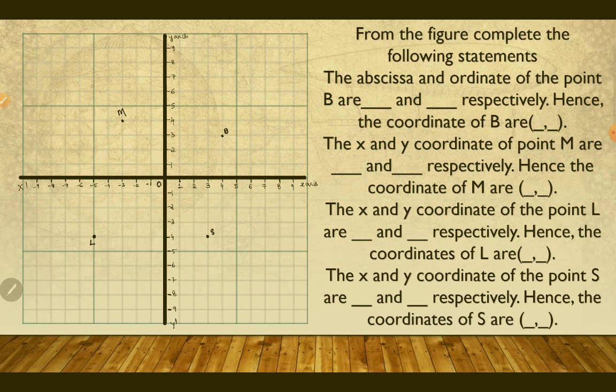From the figure, complete the following statements. The abscissa and ordinate of the point B are, abscissa means x, so it's 4. Ordinate is y, that's 3, so 4, 3. The x and y coordinate of point M are, x is -3 and y is 4.